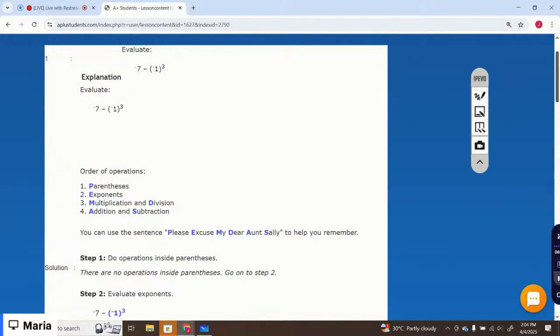Then at the last we have to do addition and subtraction.